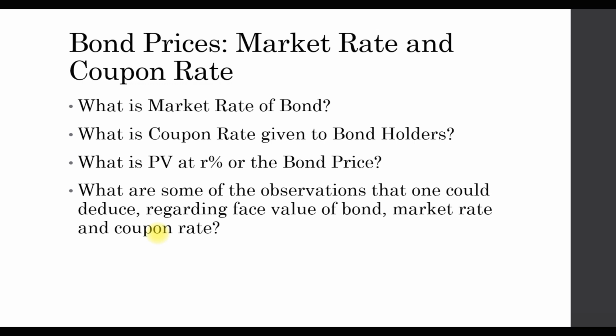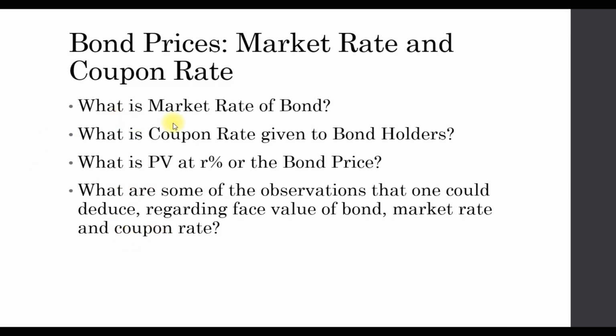To calculate the treasury bond price, let us do the present value calculations. The present value at 6% for the 1000 rupees treasury bond is calculated, and it is 1000. That means if the market rate of the bond is the same as the coupon rate or interest rate, the bond sells for its face value of rupees 1000.